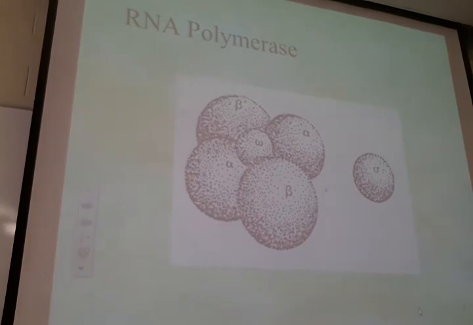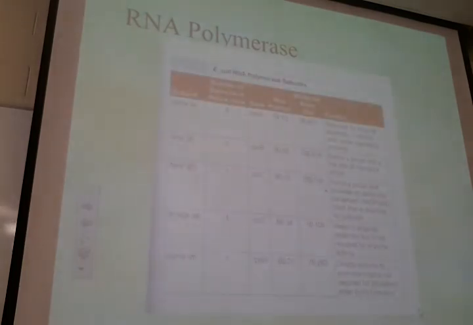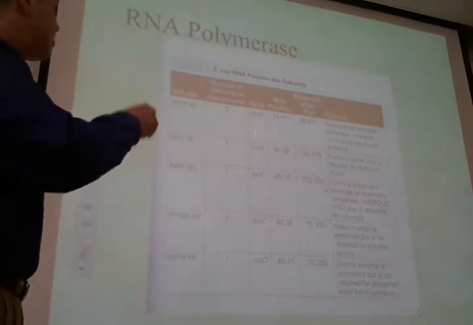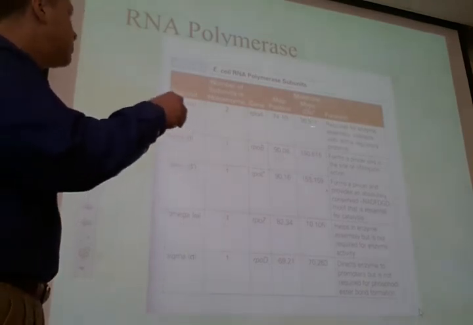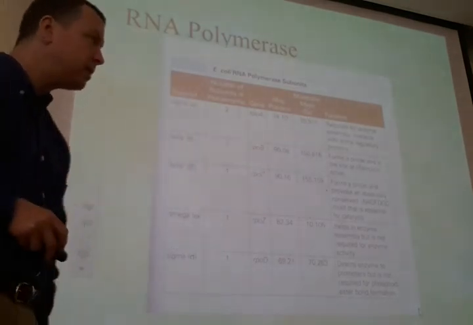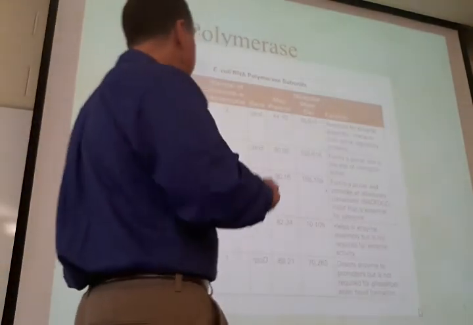And over the years, people have basically worked out what each of these pieces does for the most part. That's summarized here in this table. It gives you the gene name, the map position you don't have to worry about, and the size of the protein if you're interested. What I wanted to focus on in this slide is what each piece does.